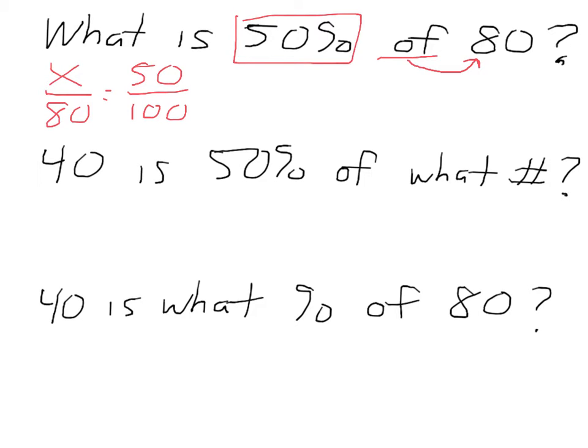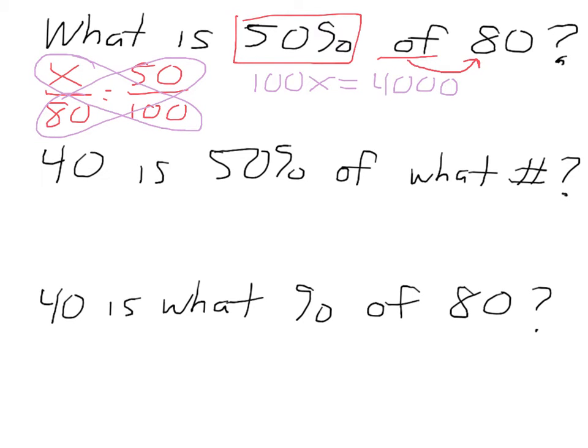Now, I want to solve this. How do I solve the proportion? Cross multiply. Take X times 100. That's 100x, equals 80 times 50. What's 80 times 50? 4,000.